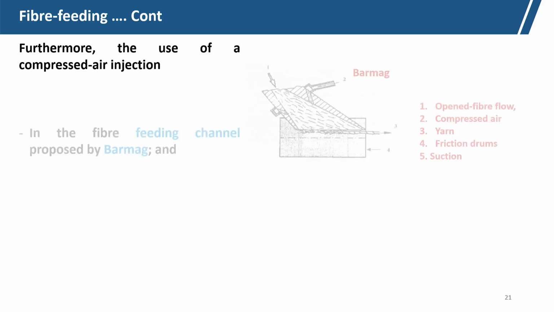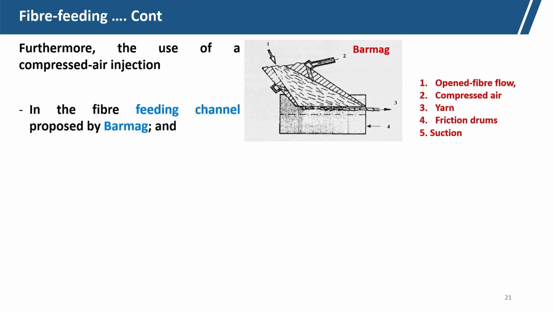and the use of compressed air is also there. Here you can see we can use compressed air. So, in the Barmag system, this is the fiber flow direction, fiber is coming from the opening roller, and the compressed air is fed in the transport channel, and here the yarn is moving.